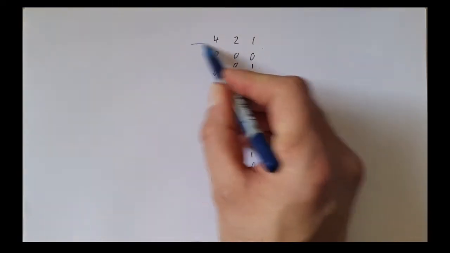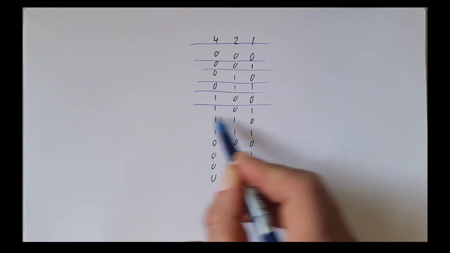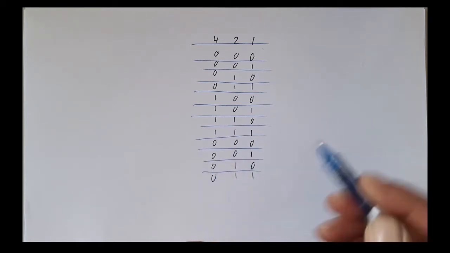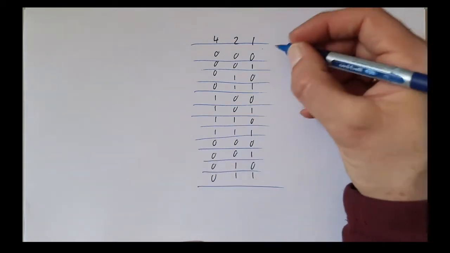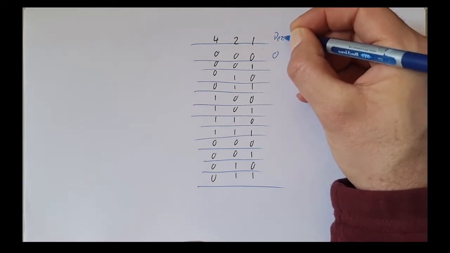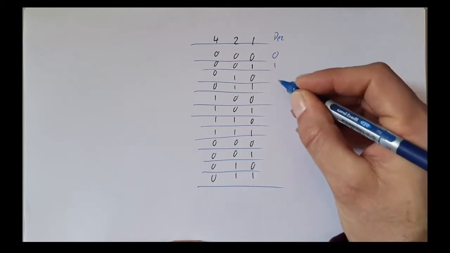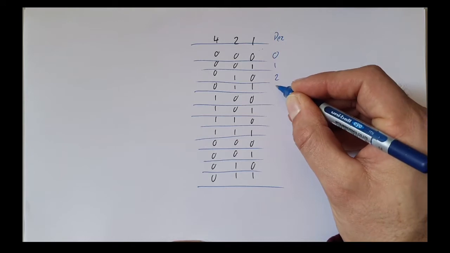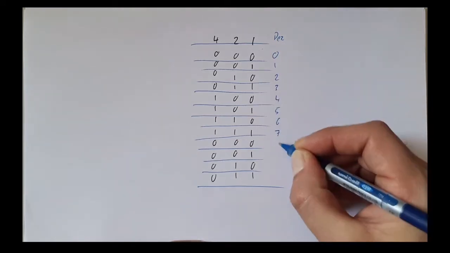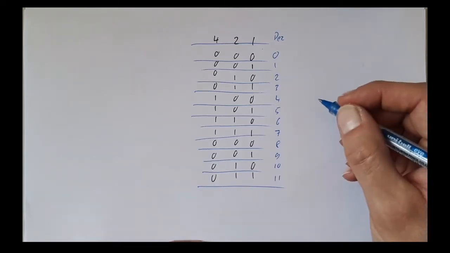So if you have this table, then you have here the 0 in decimal, the 1, the 2, the 3, 4, 5, 6, 7, 8, 9, 10, 11, and so on.